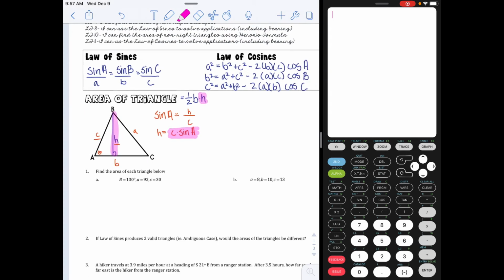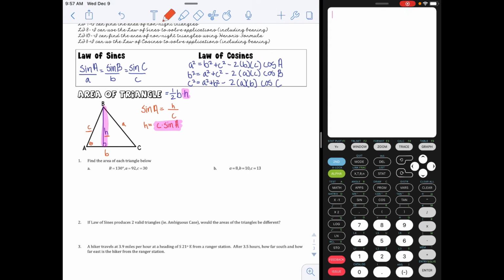So the formulas that we need to know is if I have area of a non-right triangle, but it's an SAS triangle, right? I could use either one of these three.